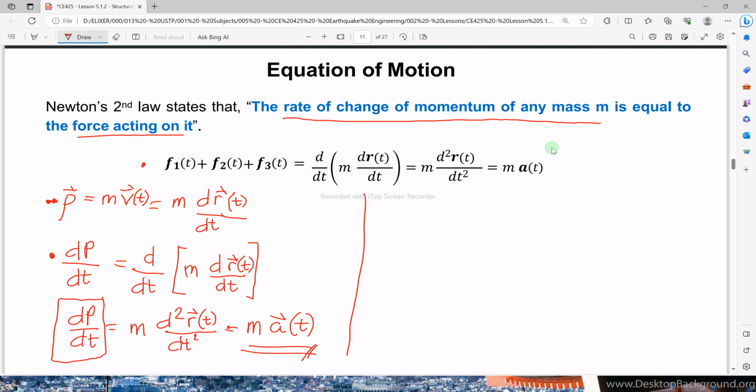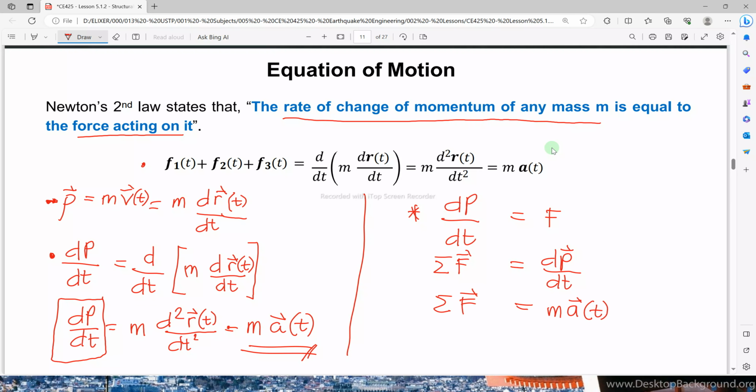Now, applying the concept of Newton's second law, the rate of change of momentum of any mass is equal to the force acting on it. So for this example, if we sum all the vector forces acting on a particle, that is equal to the rate of change of momentum of the mass, or simplified, the summation of all vector forces acting on the particle is equal to the mass times the vector acceleration as a function of time.